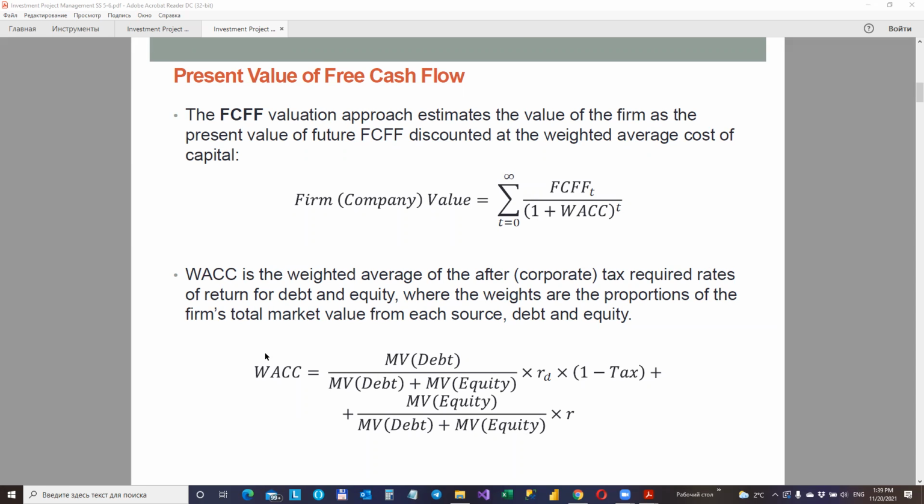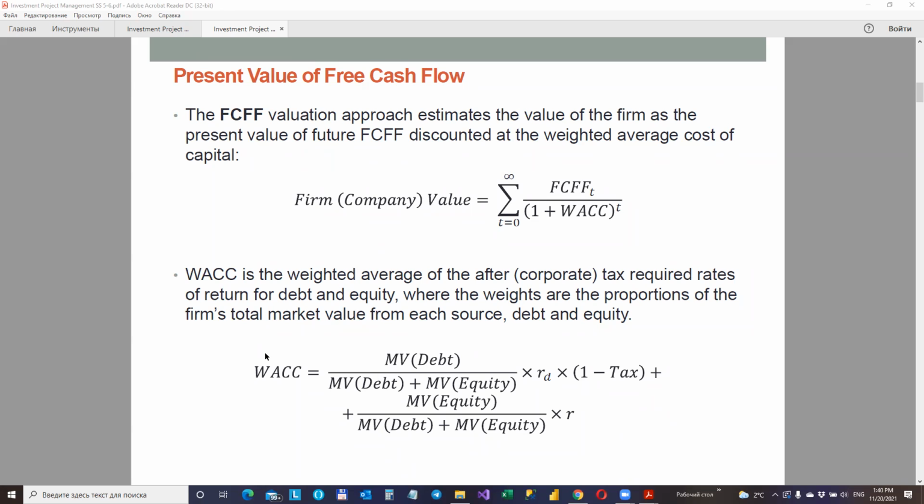So the present value of FCFF, the FCFF valuation approach estimates the value of the firm at the present value of future FCFF discounted at the weighted average cost of capital. Because FCFF is the cash flow available to all suppliers of capital, using the weighted average cost of capital to discount FCFF gives the total value of all the firm's capital.